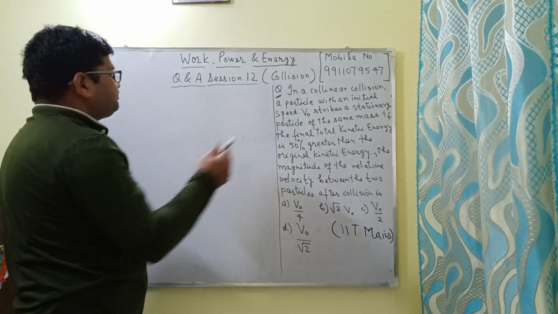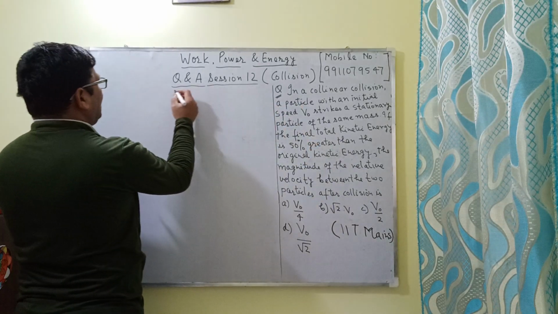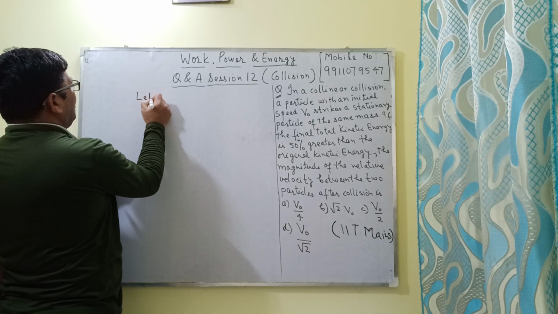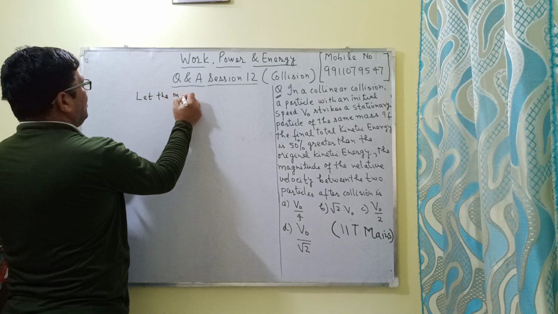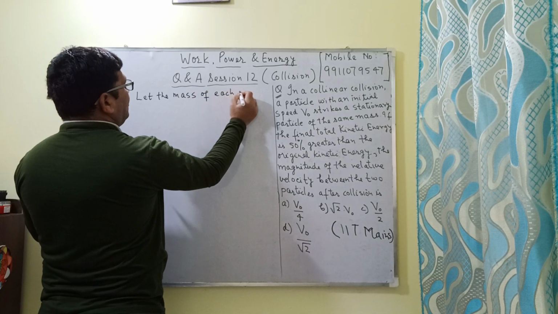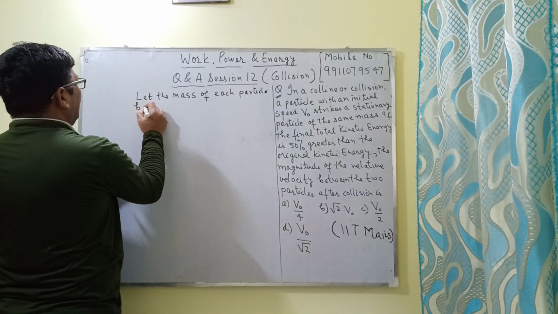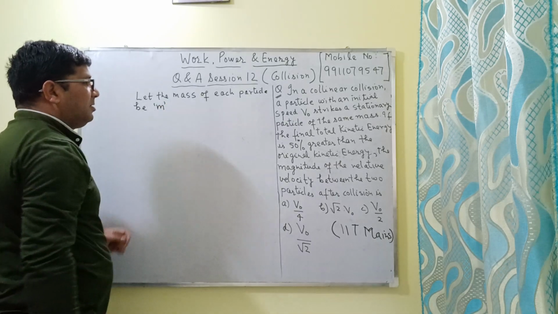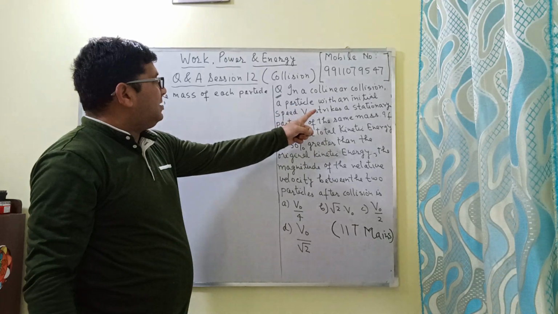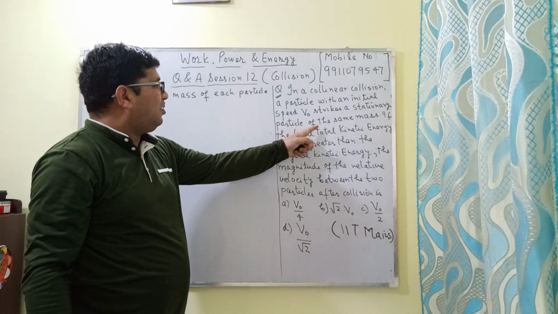In this question, the particles have the same mass. So let the mass of each particle be small m. Second point is that one particle, which is moving with the speed of v0, strikes a stationary particle of the same mass.